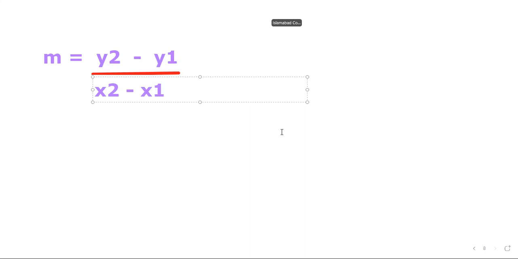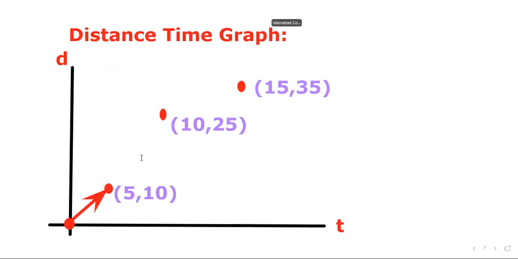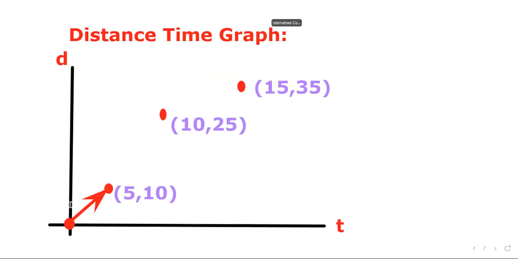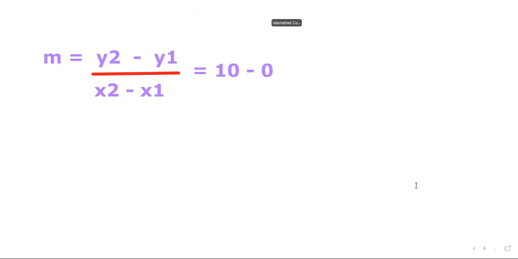Let's apply this formula to our first interval. Let's assume that 10 is our y2 and 0 is our y1. So it would become 10 minus 0, and the time taken was 5 and x1 would be 0, so divided by 5 minus 0.